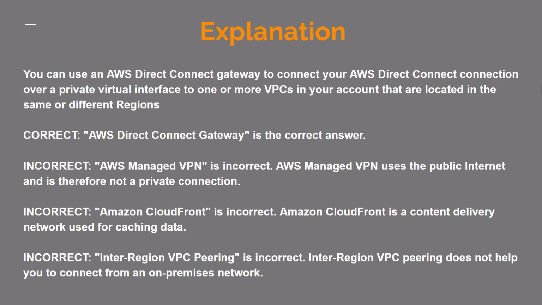AWS Managed VPN uses the public internet and is therefore not a private connection. Incorrect. Amazon CloudFront is incorrect. Amazon CloudFront is a content delivery network used for caching data. Incorrect. Inter-region VPC peering is incorrect. Inter-region VPC peering does not help you to connect from an on-premises network.